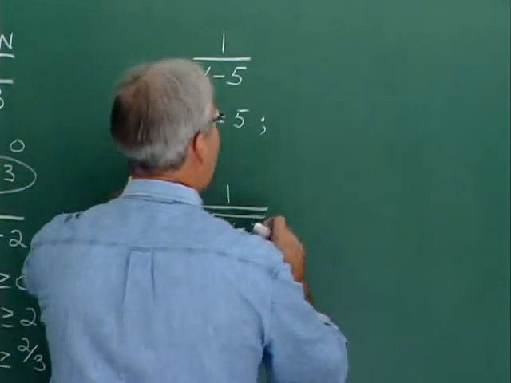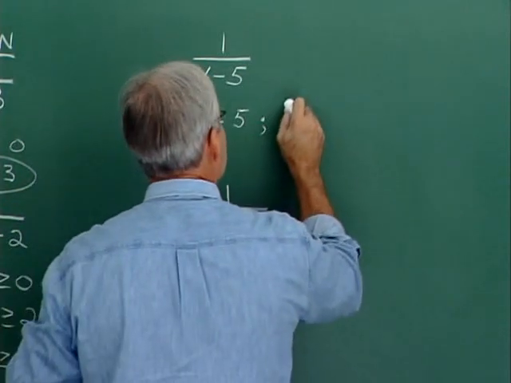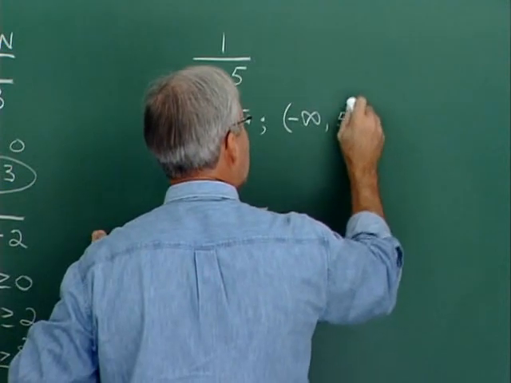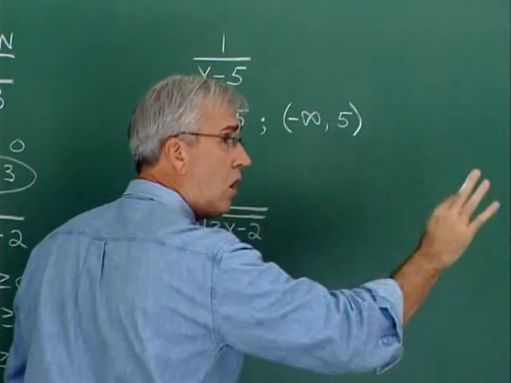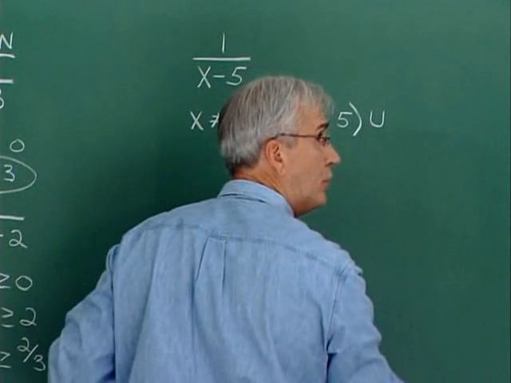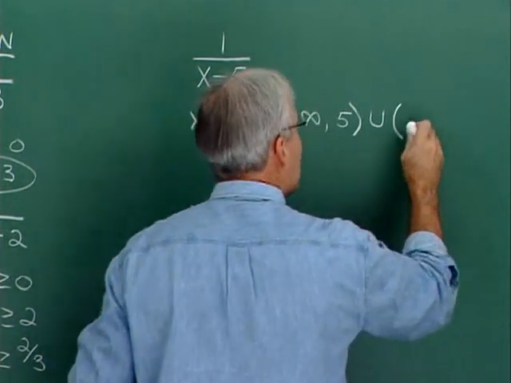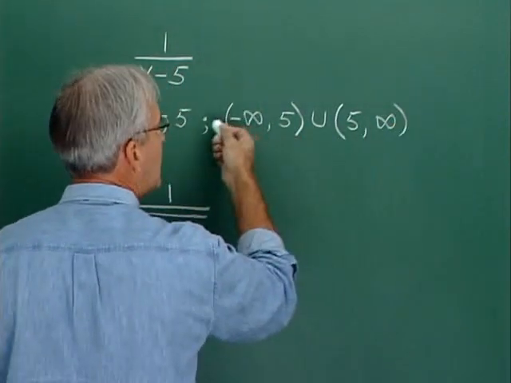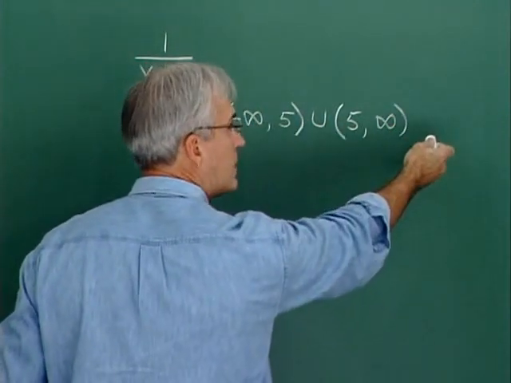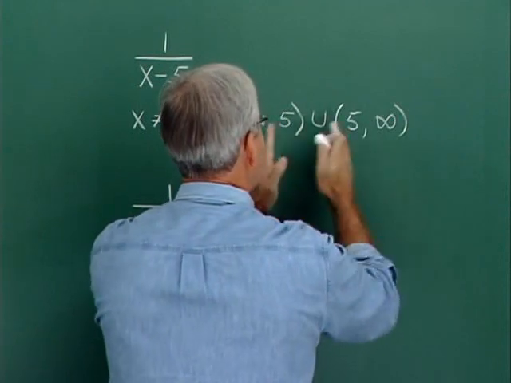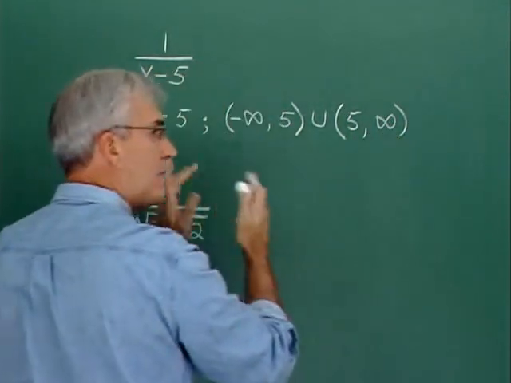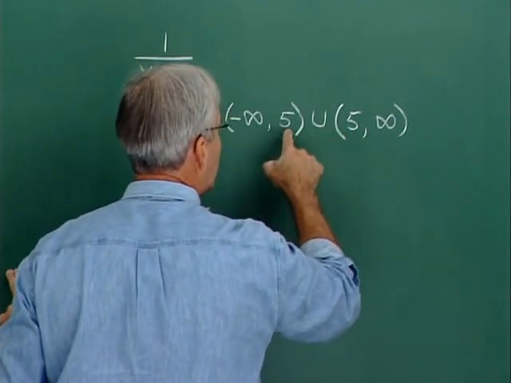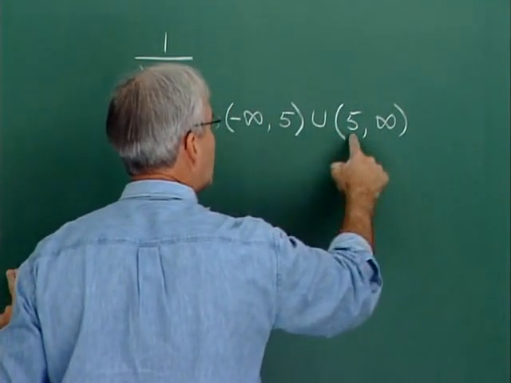We can replace x with any real number in the interval from negative infinity all the way up to 5, but not including 5, along with union the values in the interval from 5 to infinity. You see, so this then would be all of the acceptable replacements for x. The members of this set along with all the members of this set would be acceptable replacements. Now notice the parenthesis notation here to indicate 5 is not part of this interval, nor is it part of that interval.